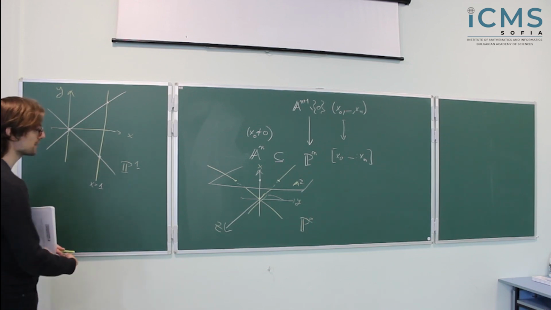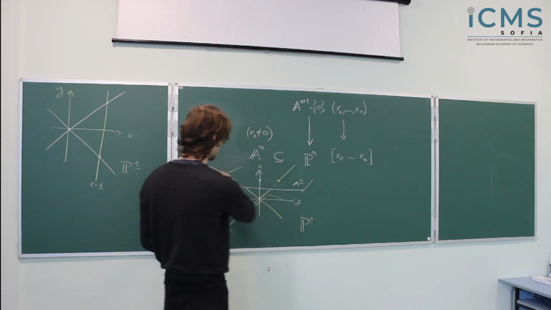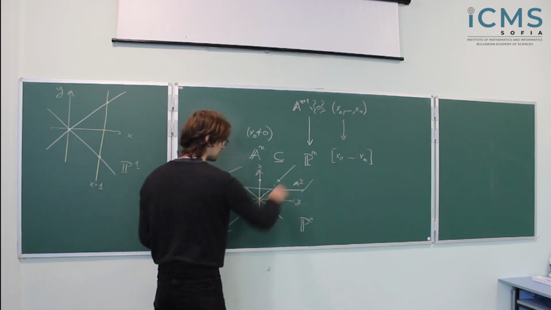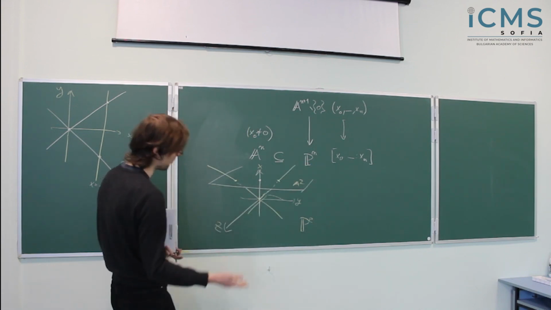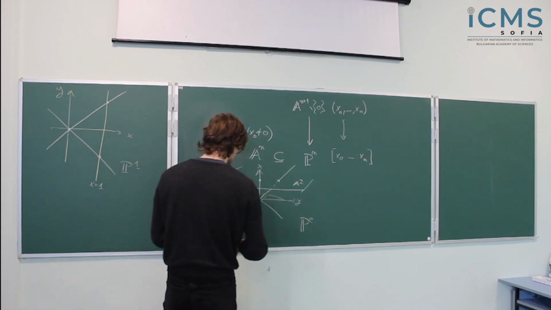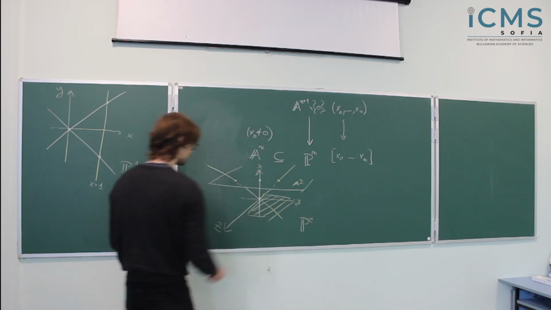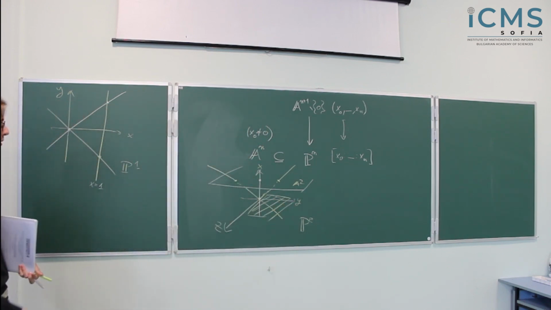And the other points, which don't intersect this chart, will be called the points at infinity. So every line which is parallel to this, which is inside of this plane here, will be called the points at infinity.